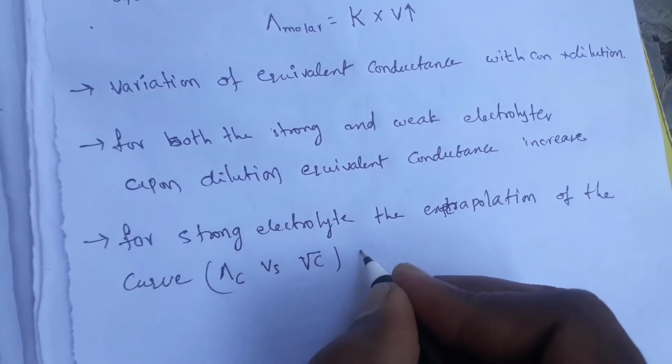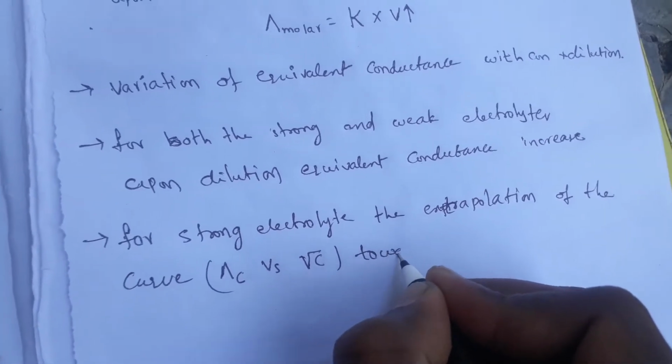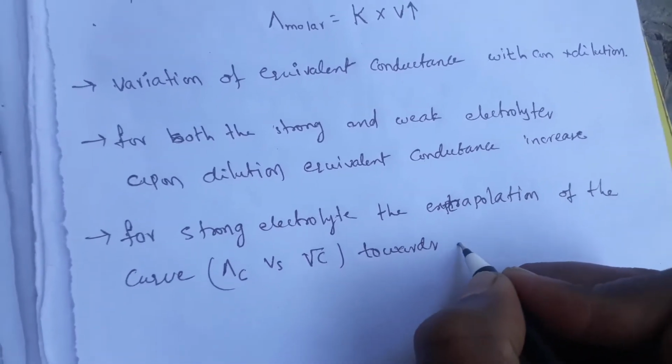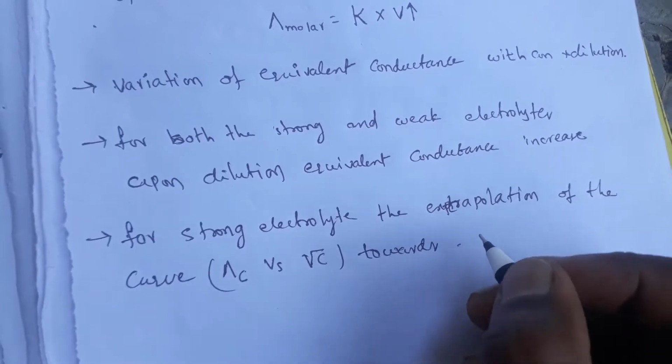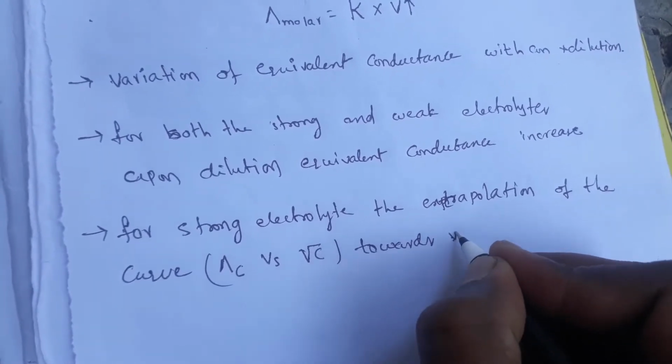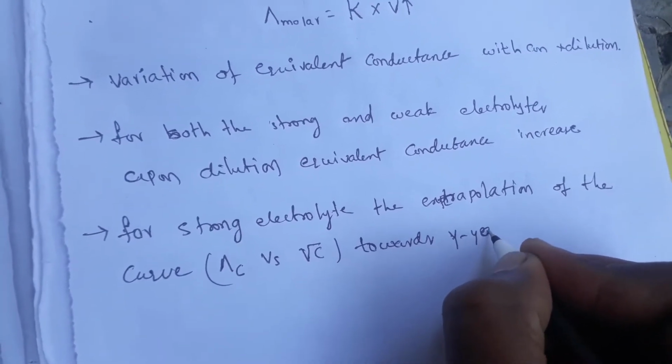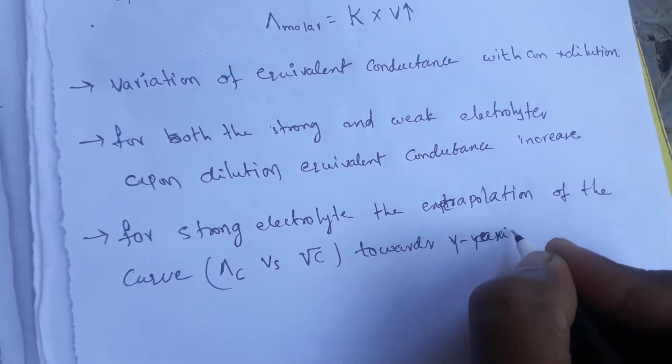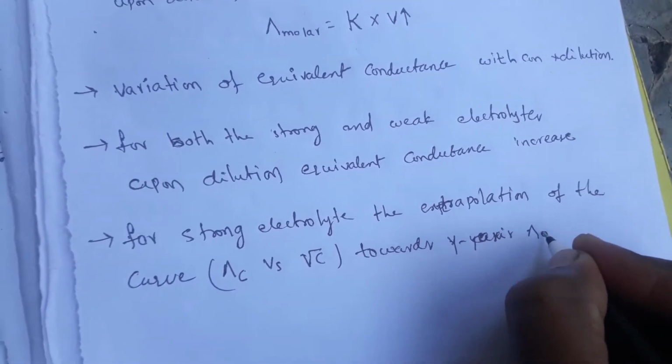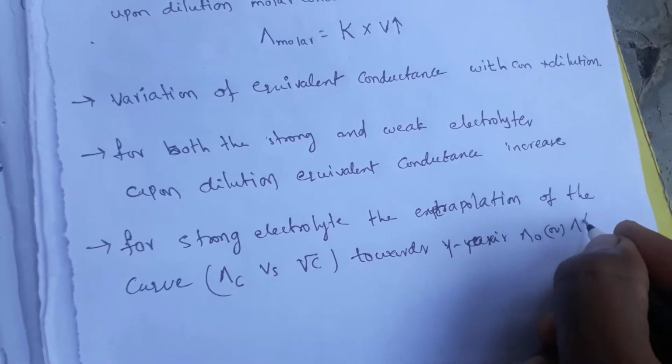So towards infinite dilution, at the y-axis it will give lambda naught, or we can say lambda at infinite dilution.